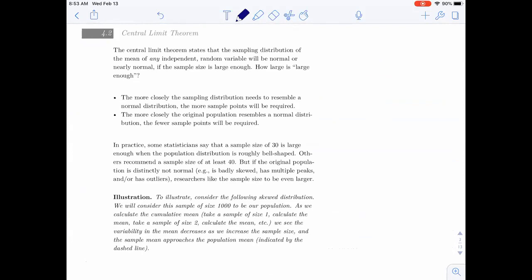Of course, it hinges on some things, right? Depending on how closely you want your sampling distribution to look like a normal distribution, you'll have to collect large samples to make that happen. In case you're sampling from a skewed distribution, as long as you have a large enough sample size, the mean will follow a normal distribution.